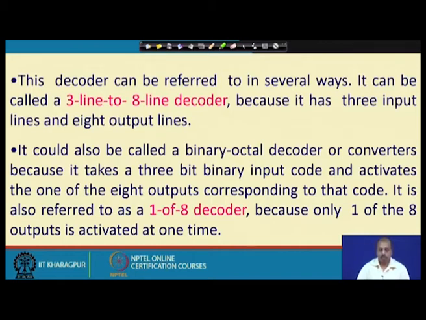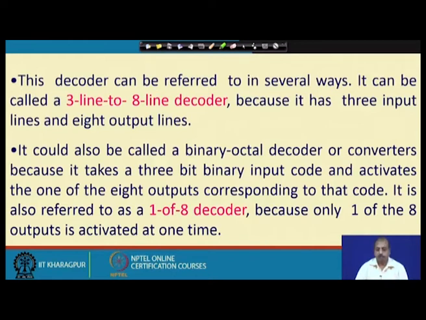It can also be called a binary to octal decoder, or converter, because it takes a 3 bit binary input code and activates one of the 8 outputs corresponding to that code. It is also sometimes called a 1 of 8 decoder. So, these are the various terminologies that we have: 3 line to 8 line decoder, 1 of 8 decoder.